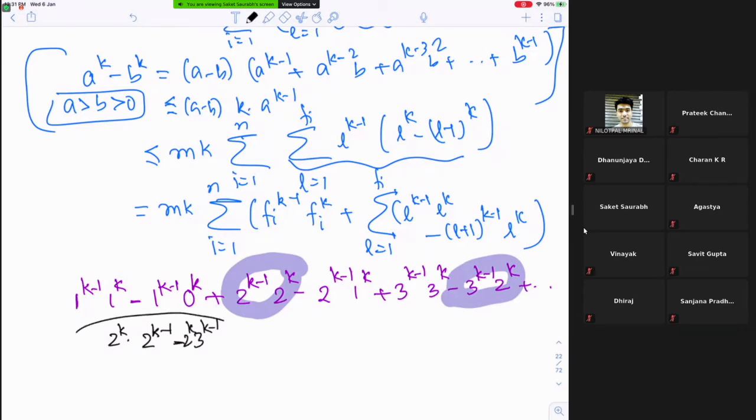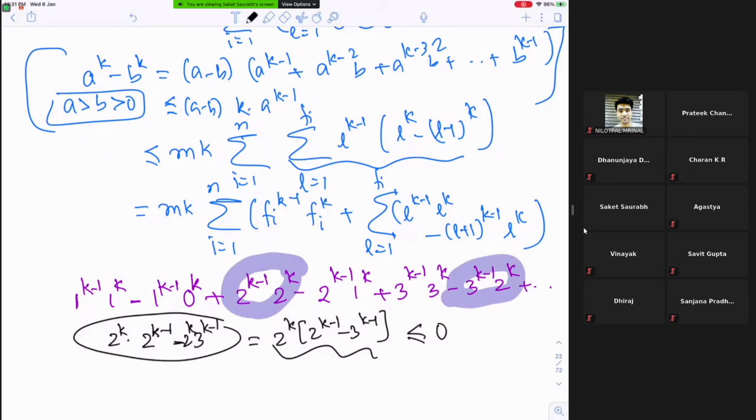Can you say something about this quantity? This is nothing but 2^{k-1} minus 3^{k-1}. I say this is less than or equal to 0, because this quantity is larger than this quantity.